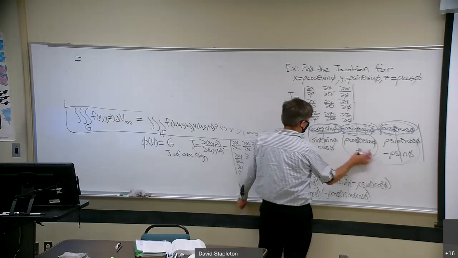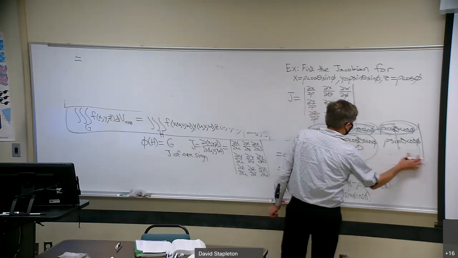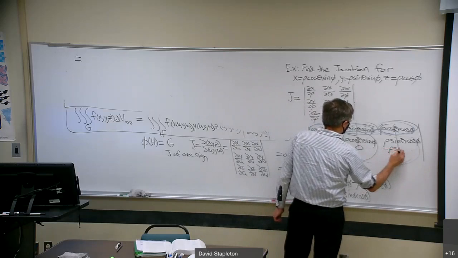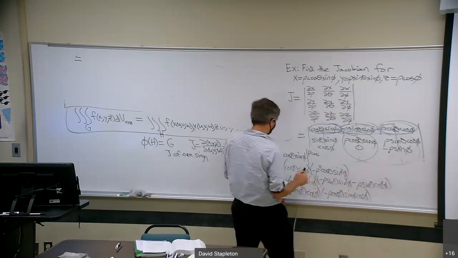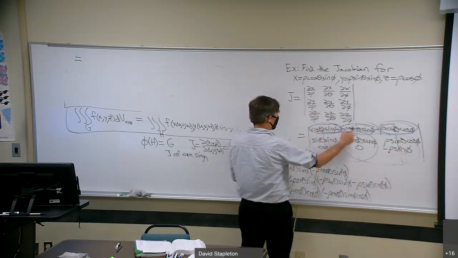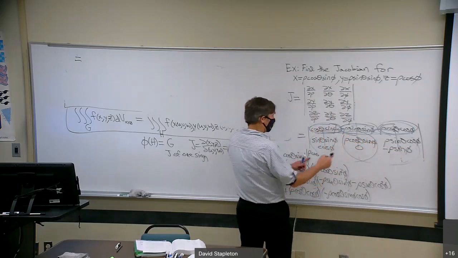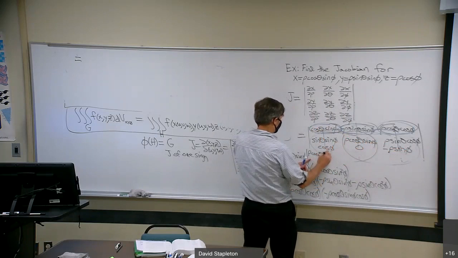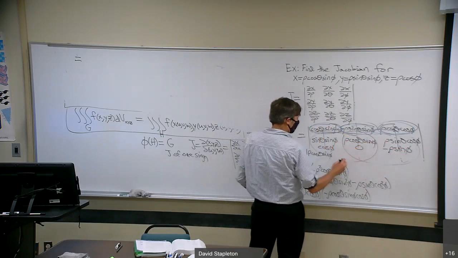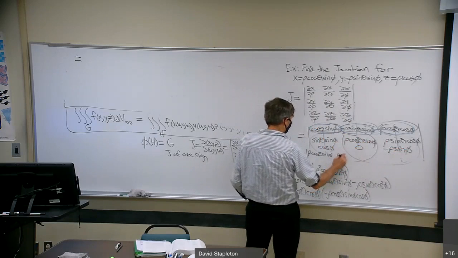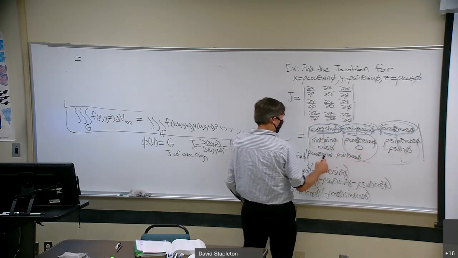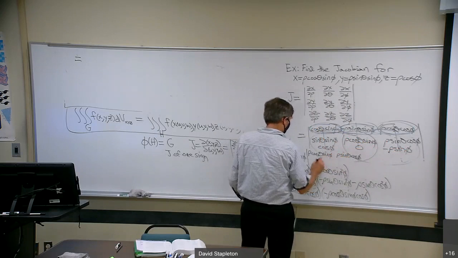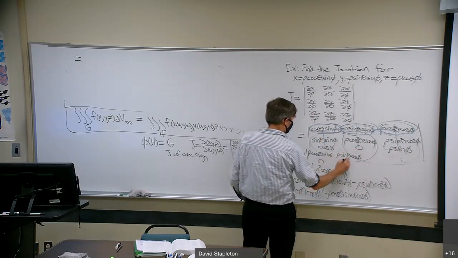We take this element, wipe out its row and column, take these 4 elements: rho cosine theta sine phi, rho sine theta cosine phi, and then this one, 0, and minus rho sine phi.